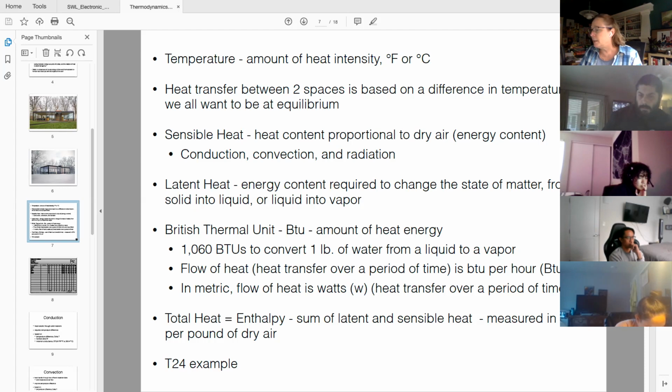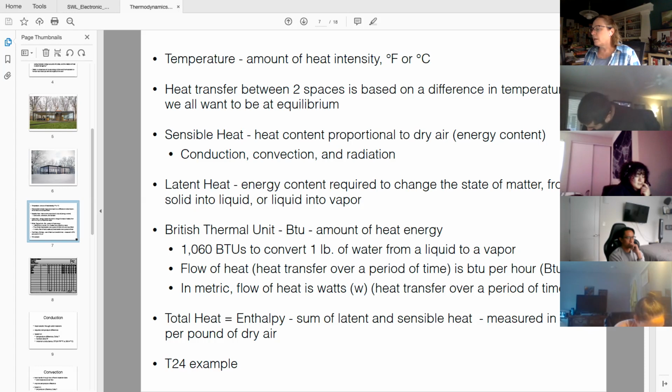Okay, key terminology to know is enthalpy. That is the combination of both sensible and latent heat together, and that is measured straight up in BTUs. So technically it's BTU per pound of dry air. Don't worry about that too much.